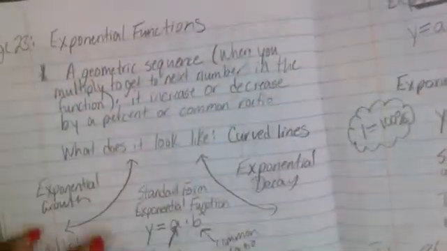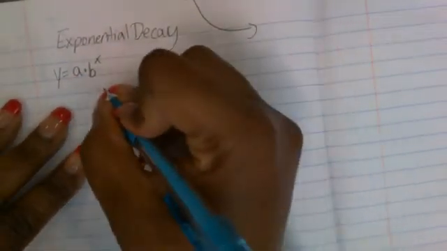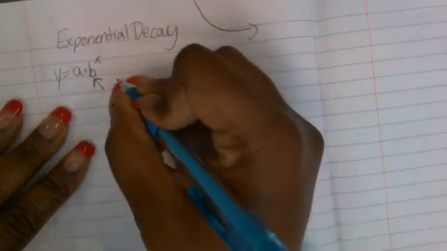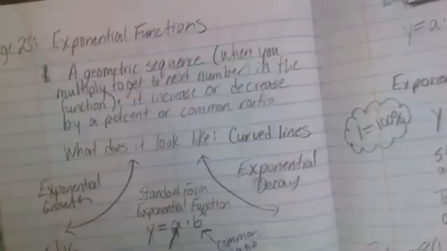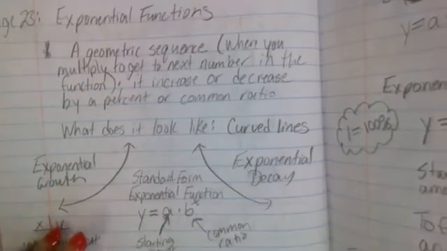Now, with exponential decay, you still use the generic formula: y is equal to A times B to the x power. But how do you know that it's exponential decay? You look at the B. If B is less than 1, then that means this is an exponential decay equation.